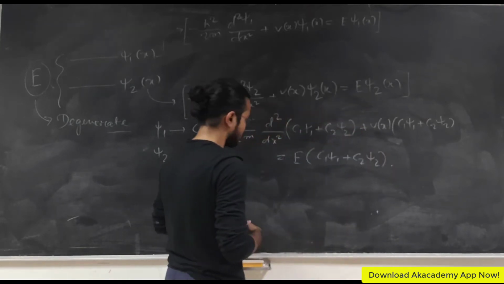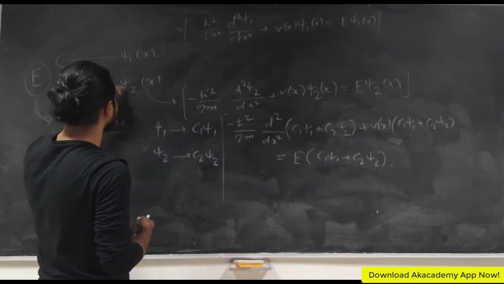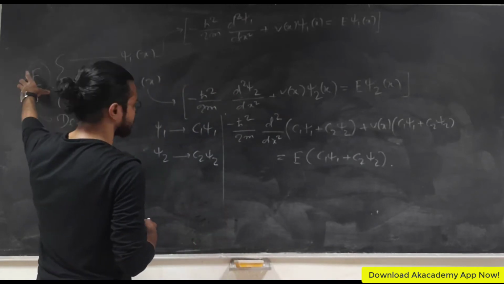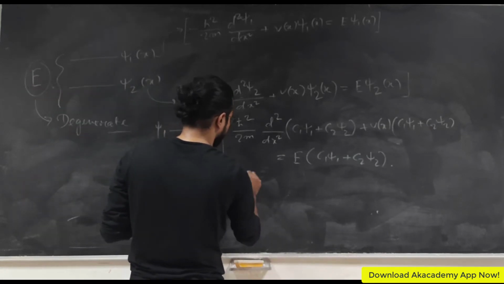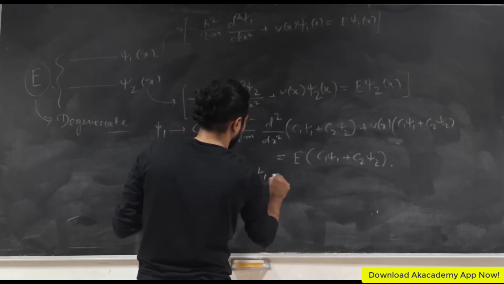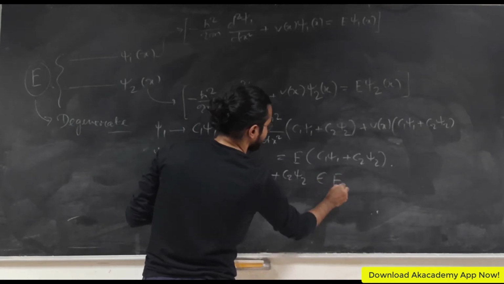So what we have found is that if two states belong to the same energy, then a linear combination c1 psi1 plus c2 psi2 also belongs to the same energy state. So for a certain potential, if an energy state is n-fold degenerate, then all linear combinations c1 psi1 plus c2 psi2 up to cn psi n belong to the same energy state.